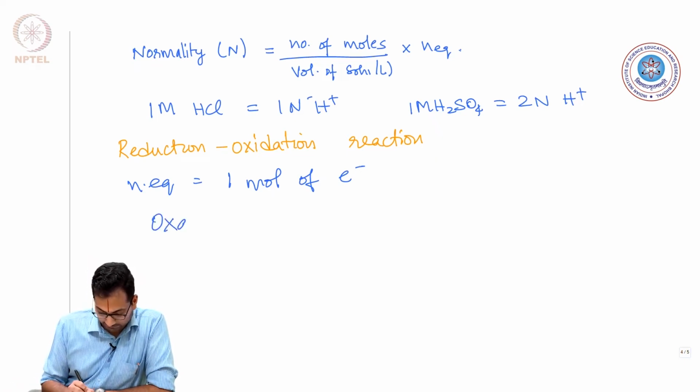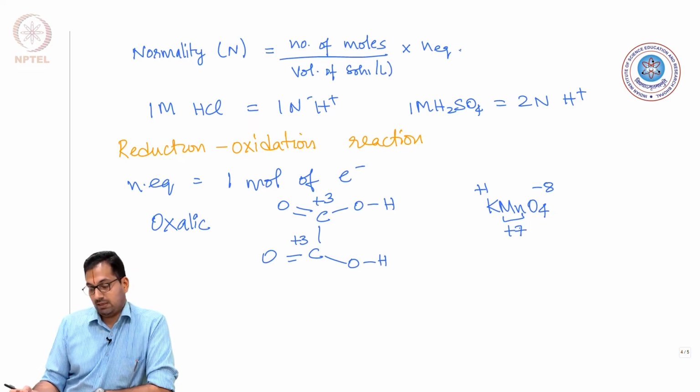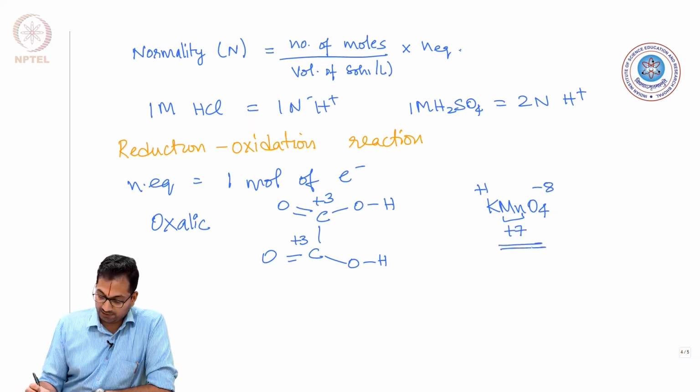Oxalic acid is a diprotic acid where the oxidation state of carbon is +3, and then you are titrating it against potassium permanganate where the oxidation state of manganese is +7. So, now when you are using an oxidizing agent against oxalic acid, what is going to end up happening is that the carbon is going to get oxidized.